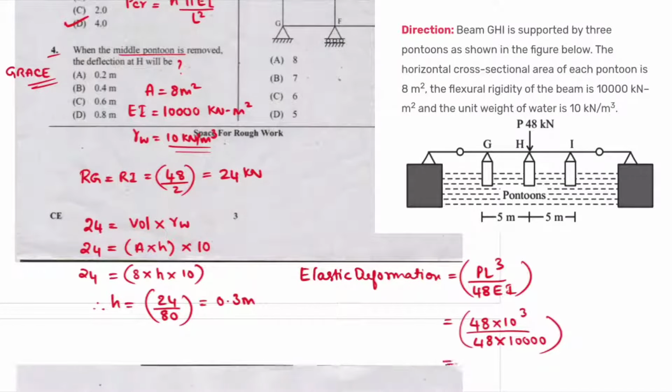On solving this, the elastic deformation will be 0.1 meter. Therefore, the total deflection or total height is equal to 0.3 meter plus 0.1 meter, which is equal to 0.4 meter. So the right answer is option B, 0.4 meter.